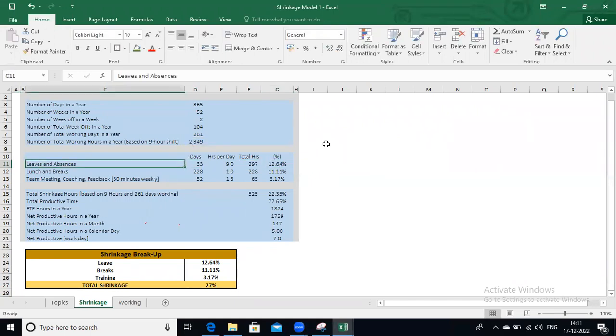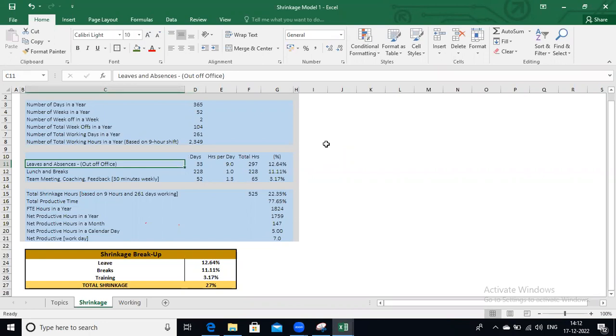Chandra, one quick question. You said 33 days in a year, that is the leave policy, right? Yes, it depends on the company. And the leave is included in the 33? Yes.